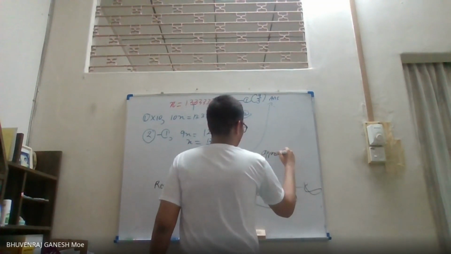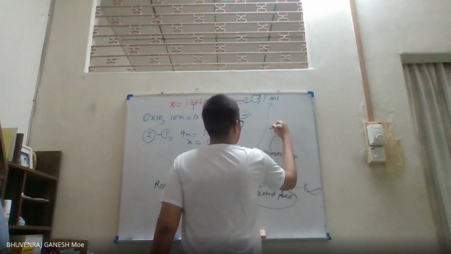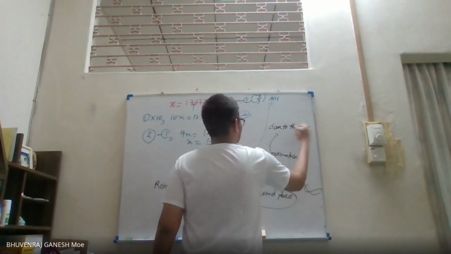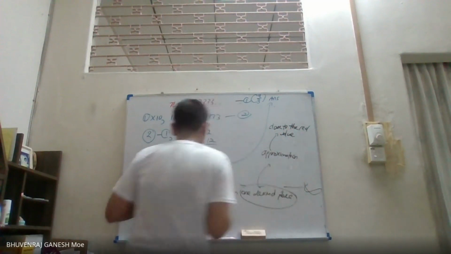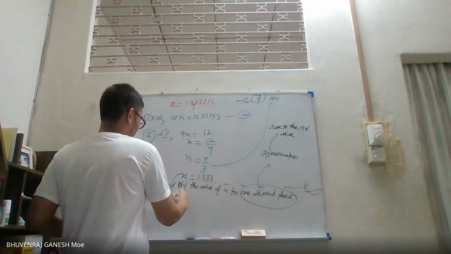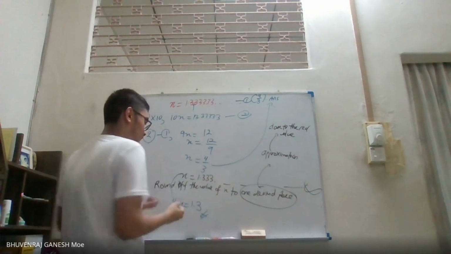It means it's not the real value, but close to the real value. So if you round off here, you will get x is 1.3 as your final answer. Of course, it continues at the back.